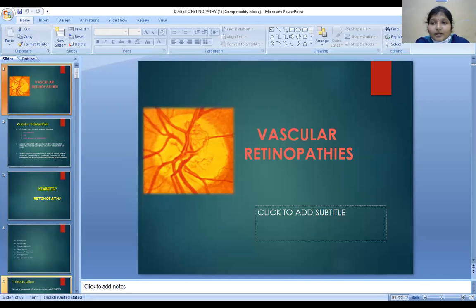Okay, I'll come back to anatomy now. What is the shape of the optic disc? Vertically oval. What is the size of the optic disc?